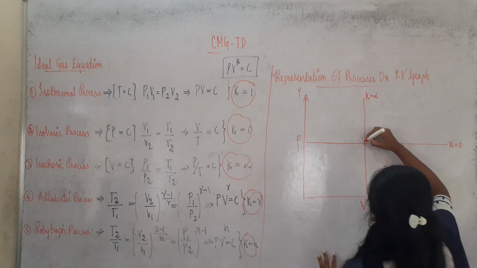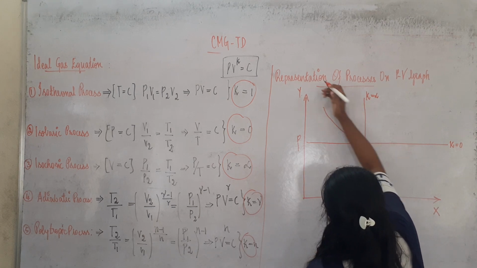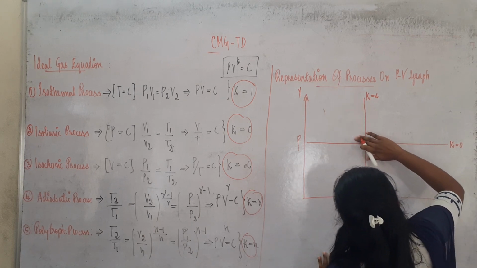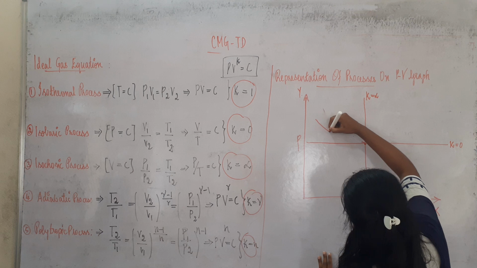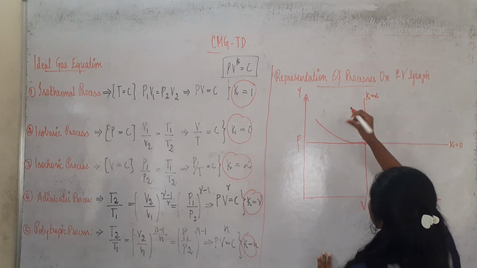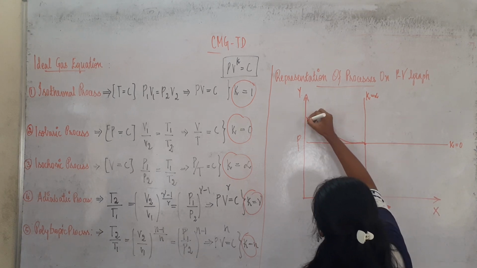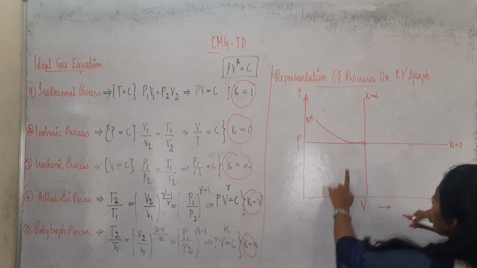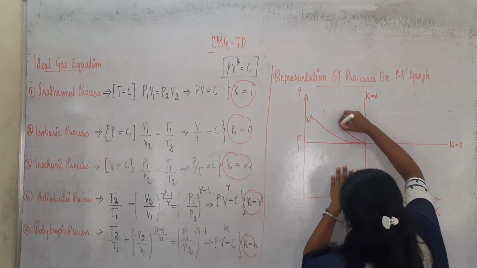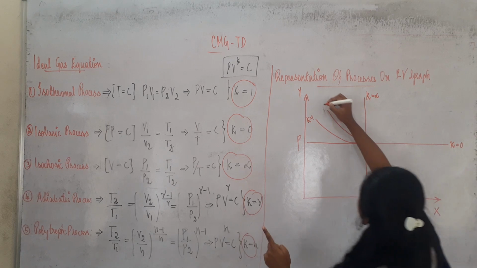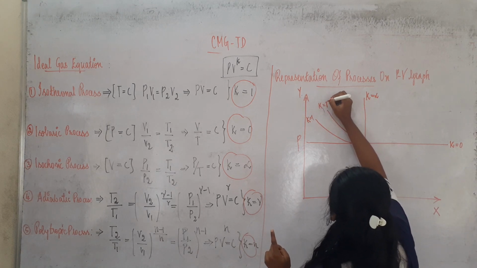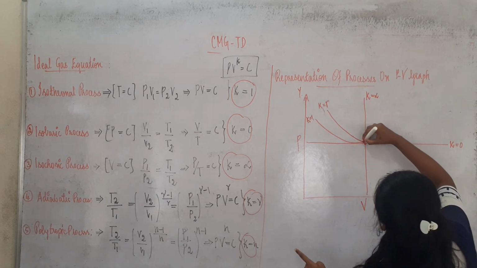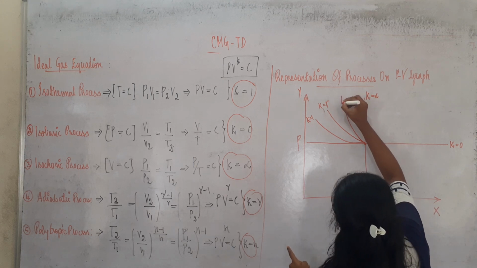Next, when we draw isothermal process, the first curve in the graph here is isothermal process. For isothermal process, K is equal to 1, and next one is adiabatic process. For adiabatic process, K is equal to gamma, and for polytropic process, K is equal to n.